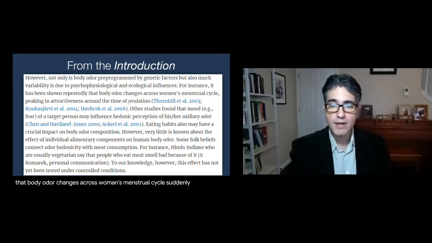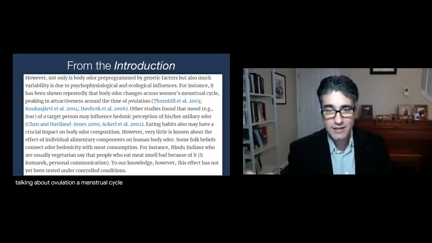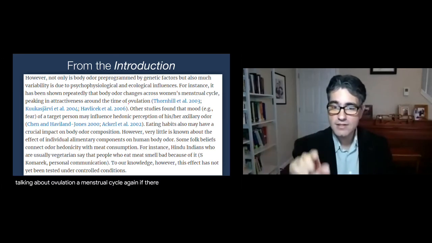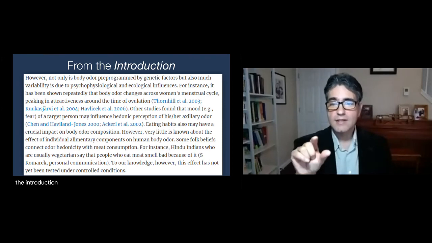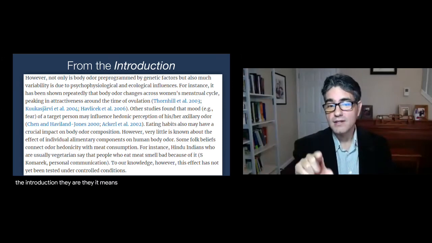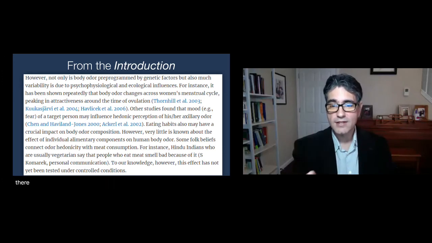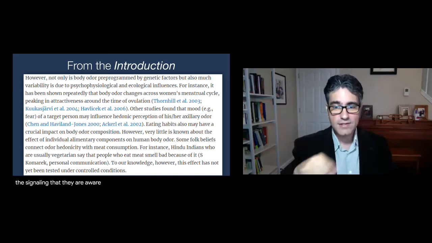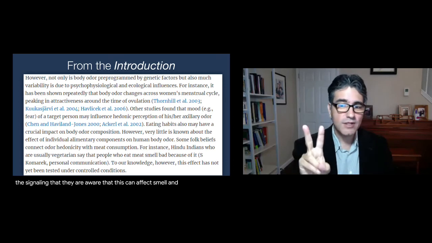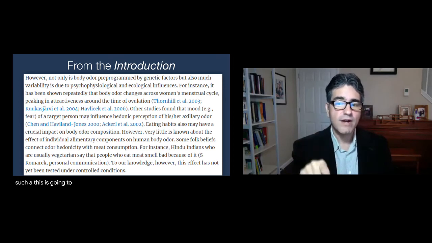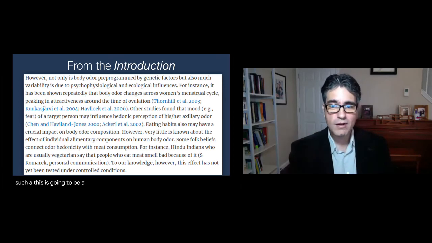Suddenly they're talking about ovulation and menstrual cycle. Again, if they're mentioning this here in the introduction, it means that the authors are signaling 2 things. They're signaling that they are aware that this can affect smell, and 2, that this is going to be a variable that they will control for in the method.